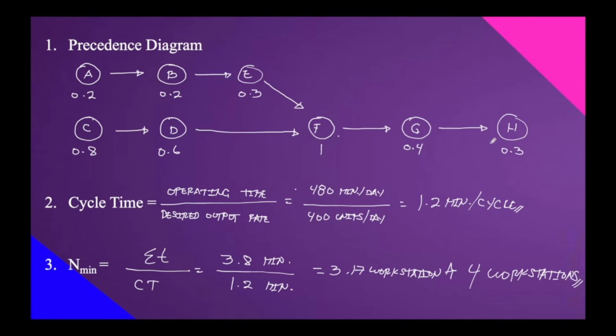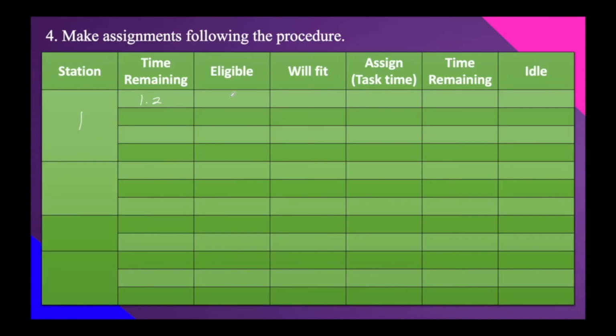Okay, so, ang pinakamarami actually is si A. Pero, kung titingnan po natin, sa eligibility, pasok din si C dahil 0.8 din siya. Mas maliit siya sa 1.2 na remaining time natin. So, A and C lagay natin dito. Pareho sila fit. So, A and C. Pwede natin yung ilagay.